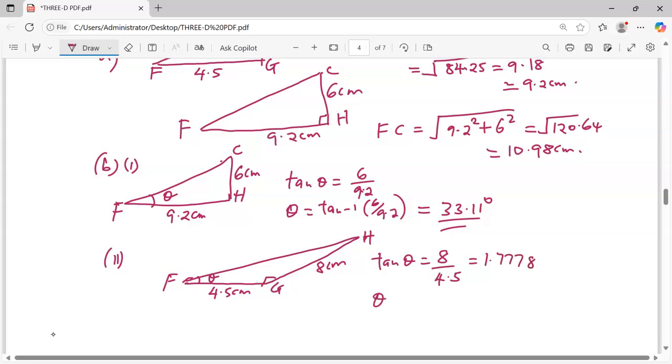For us to get angle theta, we are going to find the tan inverse of 1.7778, which is approximately 60.64 degrees as the answer to this particular question.